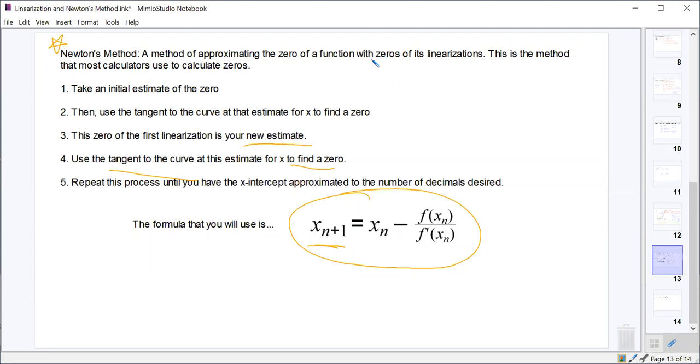If you plug into your calculator the square root of 7, it basically does this to approximate it out to however many decimals your calculator screen will give you. Because finding the square root of 7 is like finding an x-intercept of x squared minus 7. Its x-intercept would be at the square root of 7. So if you type in square root of 7, it finds the x-intercept of x squared minus 7 and tells you what it is.